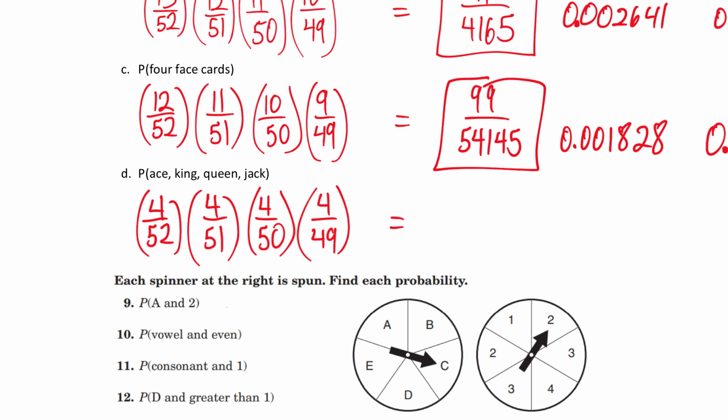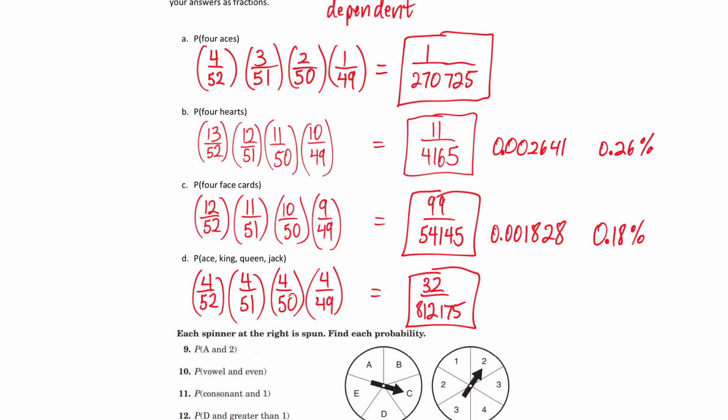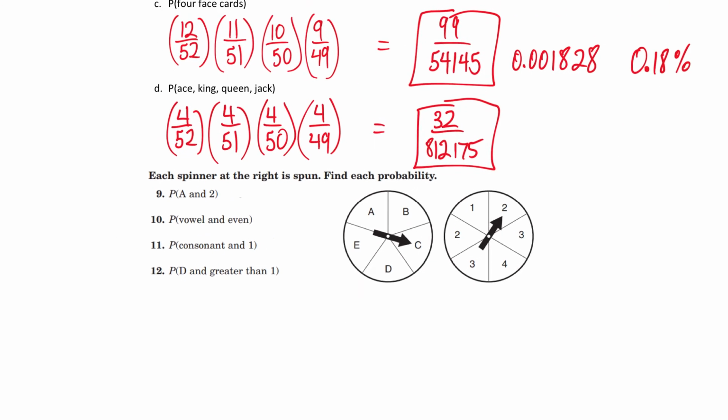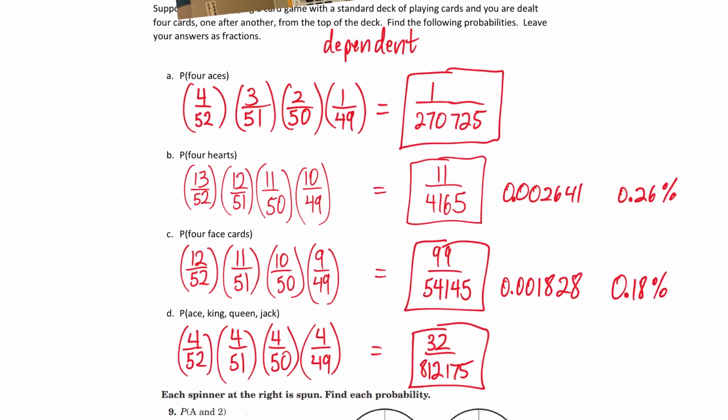And what does that give you? 32 over 812,175. Okay. So that's the idea on that. Those are dependent events, okay?